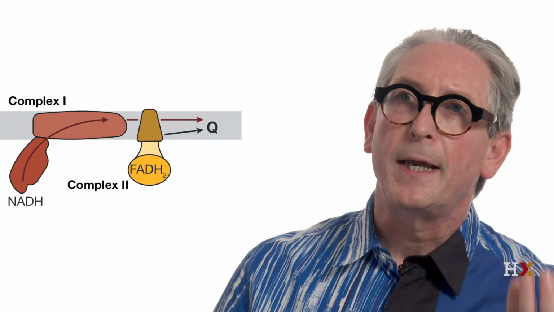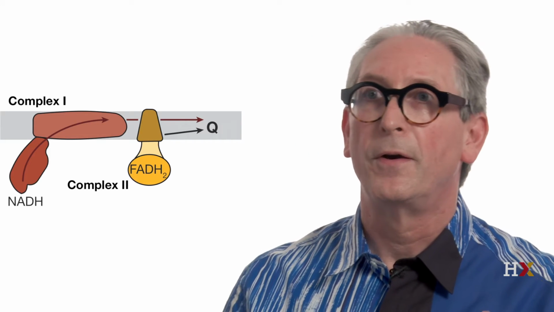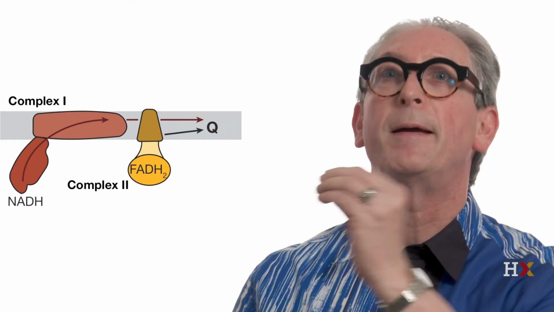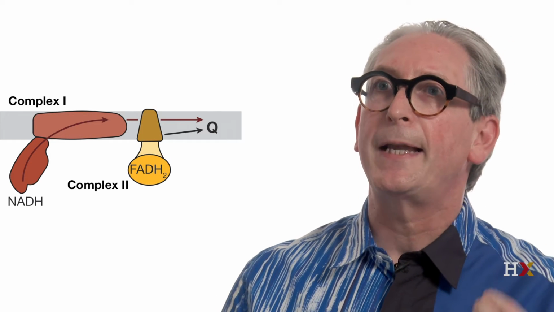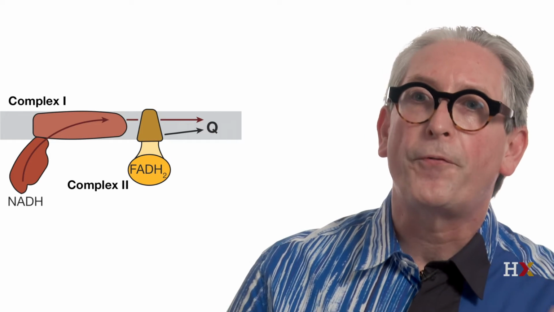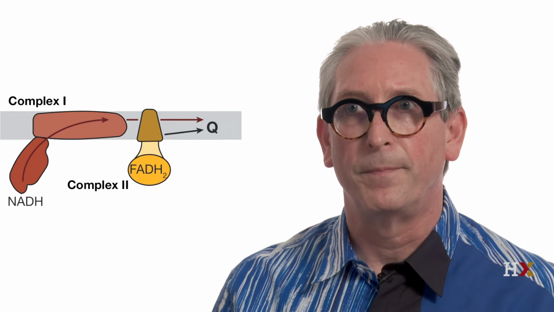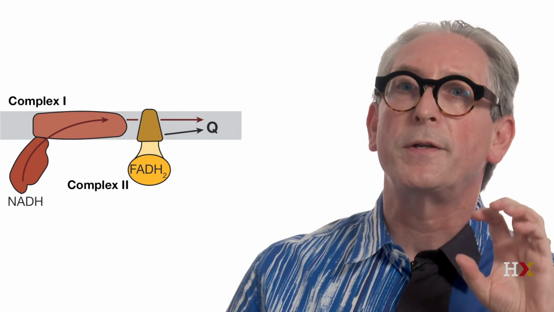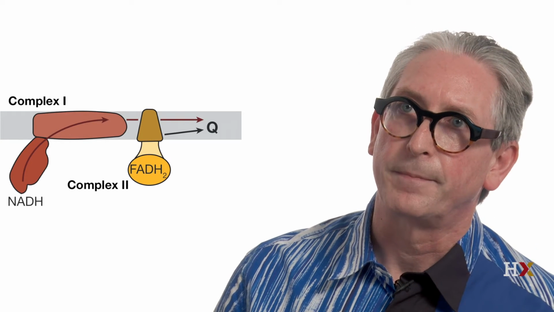So in summary, complex 1 receives electrons and protons from NADH and passes them to coenzyme Q. Complex 2 receives electrons and protons from FADH2 and passes them to coenzyme Q. As you can see, coenzyme Q plays a central role in collecting electrons and protons from universal donors.